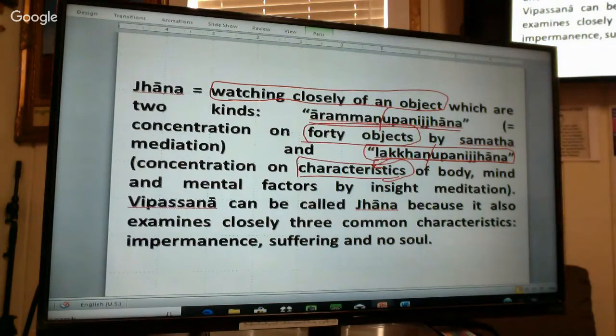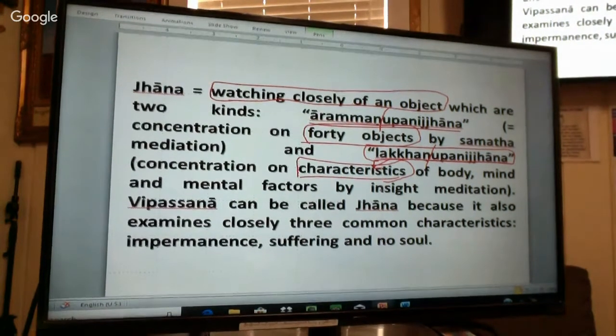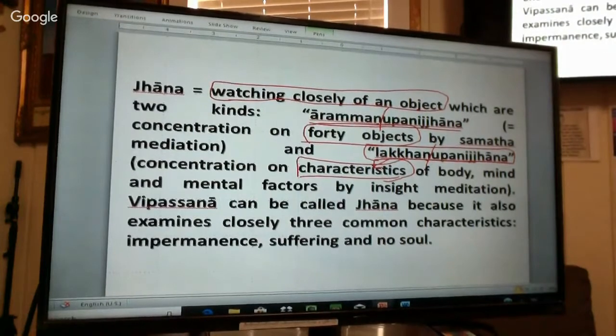It's very important. When you practice meditation, if you don't know, maybe you take the wrong object. Okay, so Lakkhanupanijjhana is the characteristic of the body, the characteristic of the mind, the characteristic of the manifest.